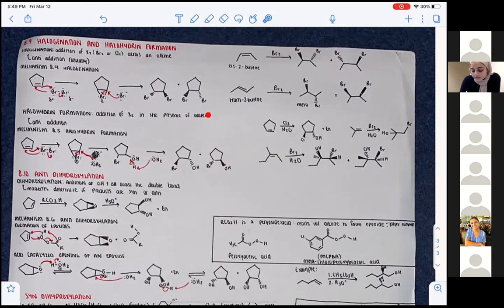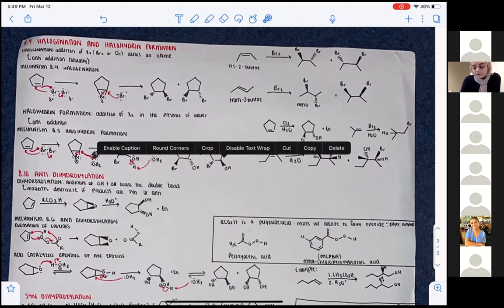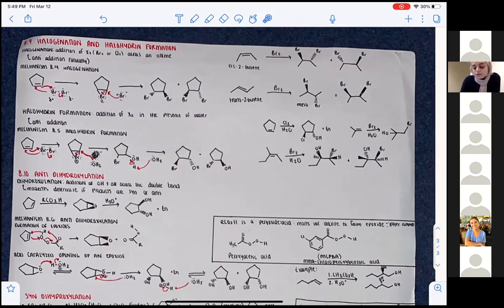And for cis, okay, that's what it was talking about in the book. It was talking about how for cis-2-butene, we have anti-addition, but then for trans-2-butene, it looks the same. It turns out to be syn addition. It's sterically restrictive, which is why it doesn't happen, but it turns out to be syn.